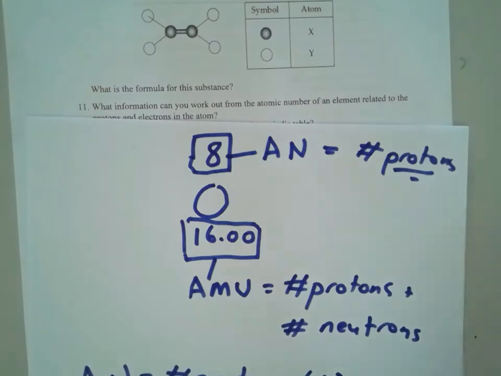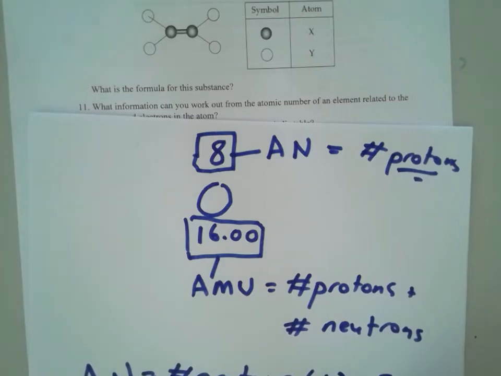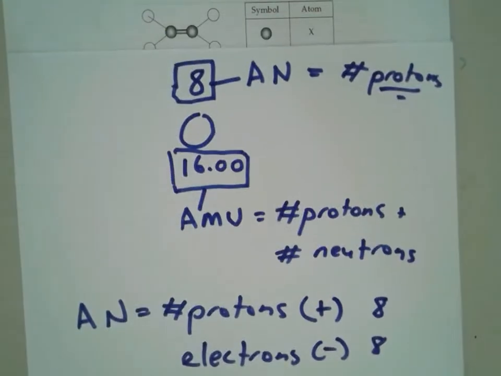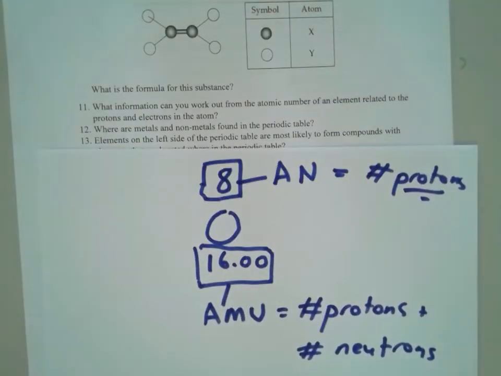So if I have 8 positive, I also need to have 8 negative. If I have 16 positive, I also need to have 16 negative. If I have 32, I need to have 32 negative as well. Okay? So that answers question number 11.